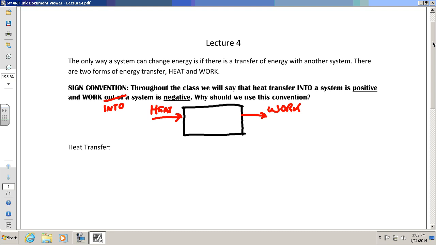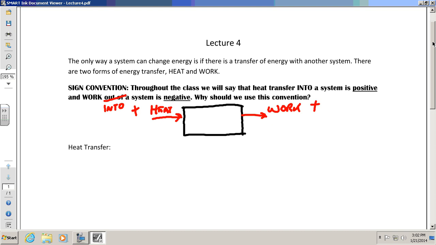That's it. That's generally what I want to do. I want to take heat and I want to turn it into work. That's my most likely definition. Now, that's why it's positive. Okay? Positive, heat in, positive, work out of a system. That's why it's that way.